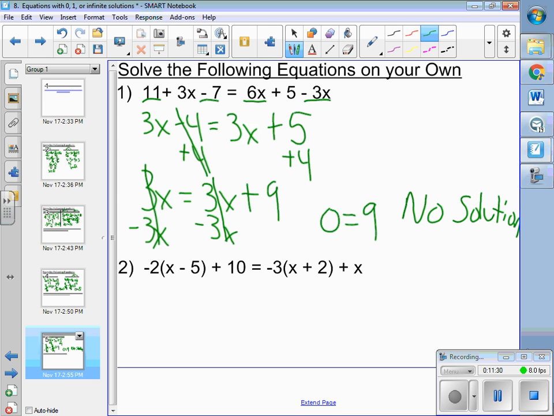There was another way you could have done that. If you would have simply just gotten rid of the variables to begin with, so say we did the variables here, you would have been left with 4 equals 5. That's still going to give you no solution because they do not equal each other. Okay?